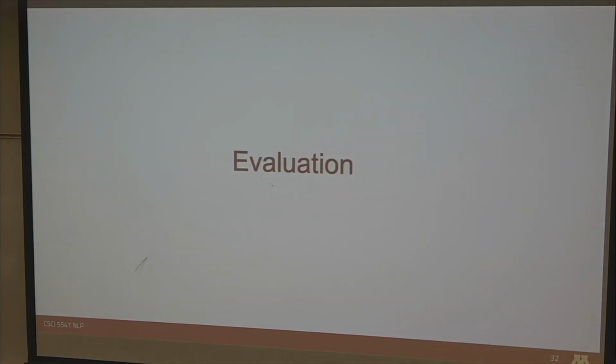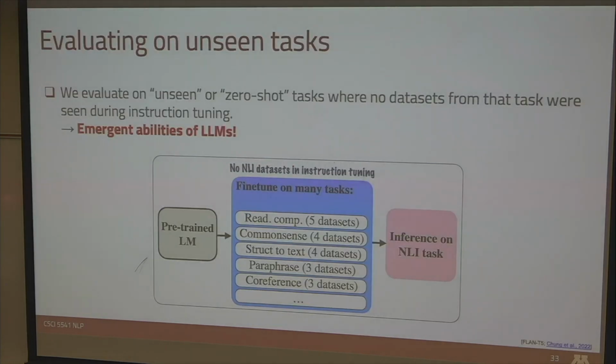Okay, so now let's talk about how we can evaluate these instruction-tuned models. The main purpose of instruction tuning is to encourage generalization ability across a diverse set of tasks, right? So evaluation would be exactly that. We can evaluate on unseen or zero-shot tasks, where no data sets from the task were used during training.